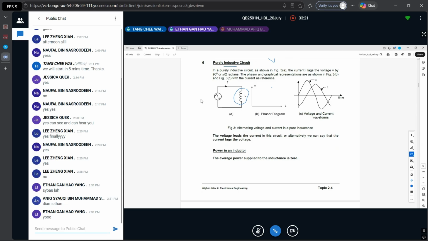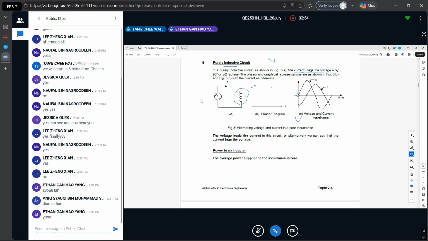As I mentioned, I want you to refer to the waveform diagram. For the inductor, you realize that the current waveform starts later, while the voltage waveform starts earlier and is followed by the current. In this case, we describe it as the current lags the voltage by 90 degrees.